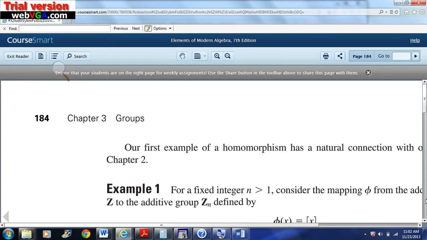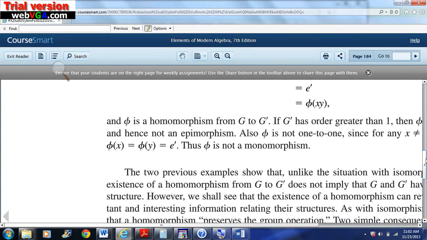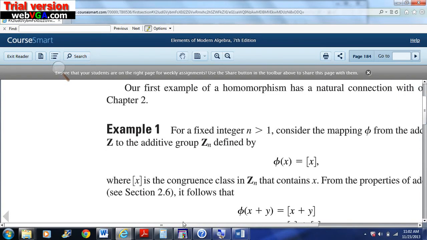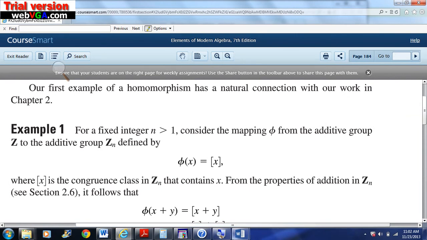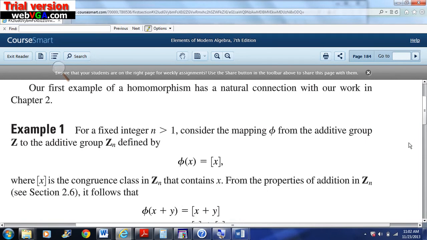Now, next we have example 1. For fixed integers n greater than 1, consider the mapping phi from the additive group Z to the additive group Z sub n.